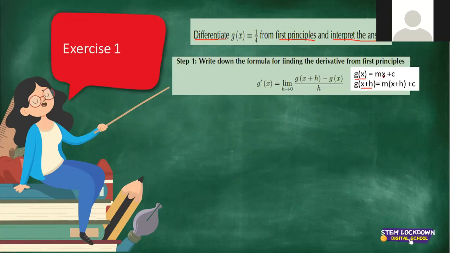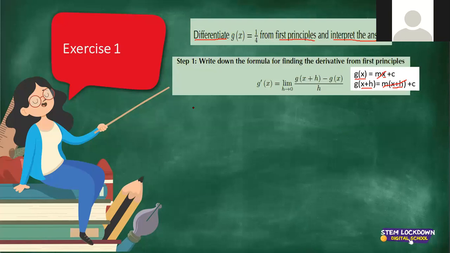But in this function, we do not have a part where we can replace our x. So in this case, our g of x is the same as our g of x plus h. They are both equal to 1 over 4.